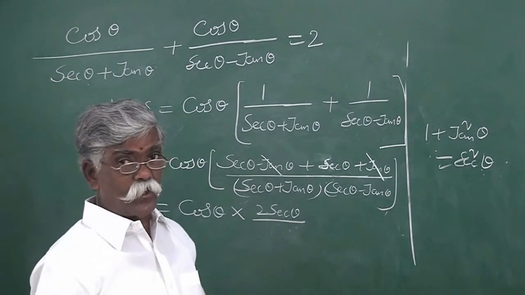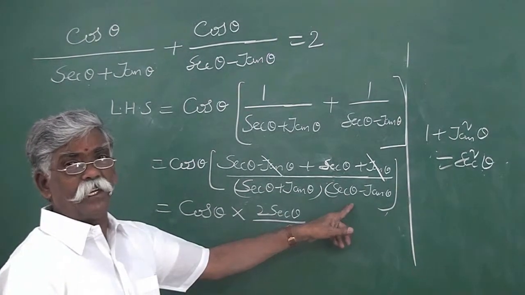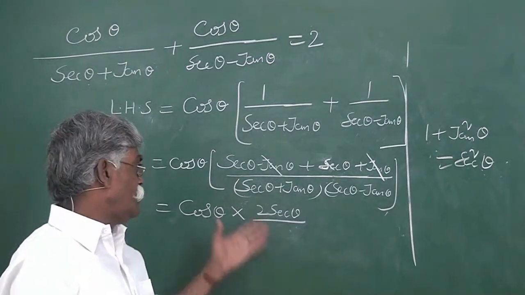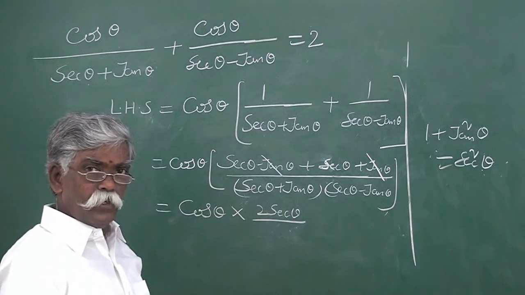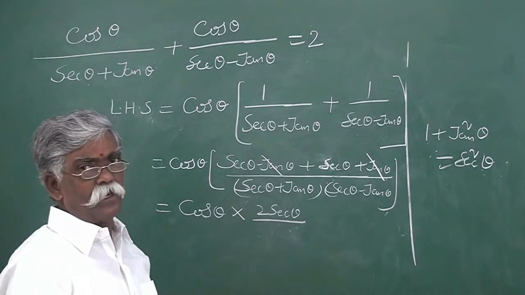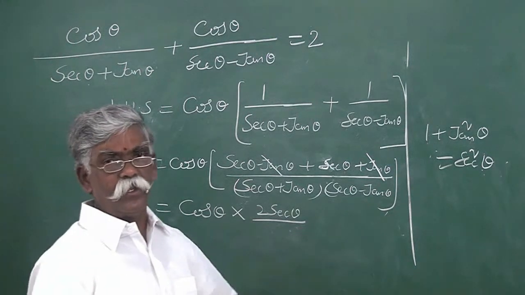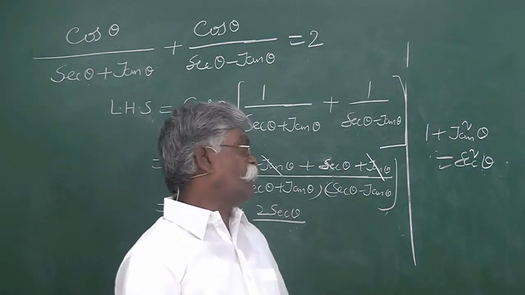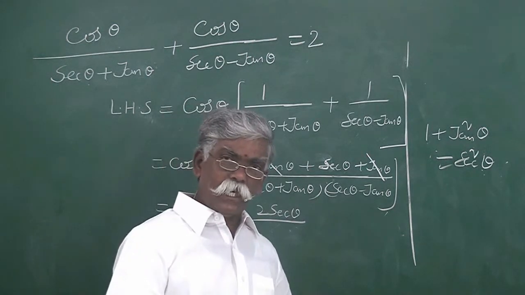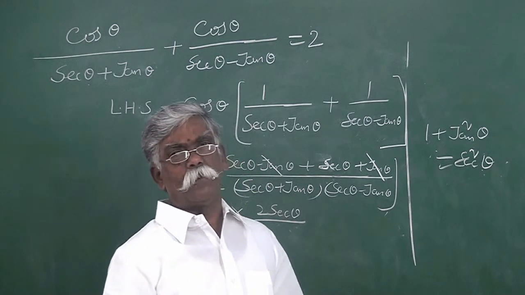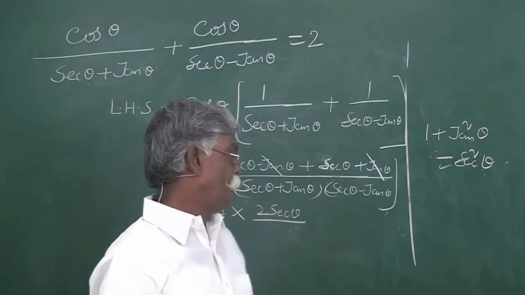But we should also get into the habit of writing secant plus tan into secant minus tan is equal to 1 directly, instead of writing one more step, secant square minus tan square, because secant square theta minus tan square theta is 1 and its factors are secant plus tan into secant minus tan equal to 1. So whether we get secant square theta minus tan square theta, or secant theta plus tan theta into secant theta minus tan theta, either of them is equal to 1.